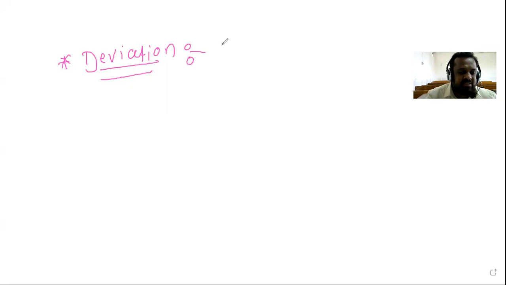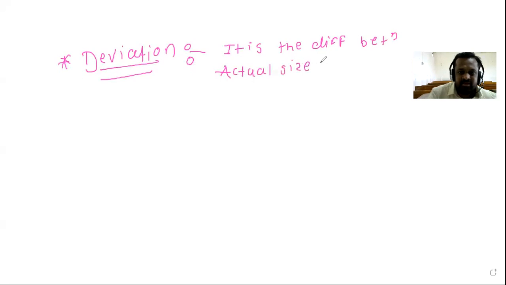The deviation is nothing but it is the difference between actual size and basic size.